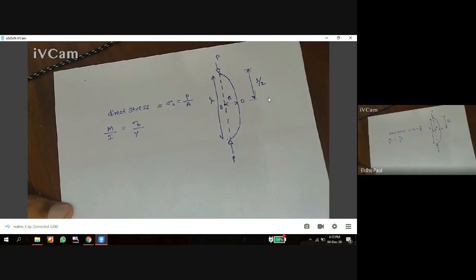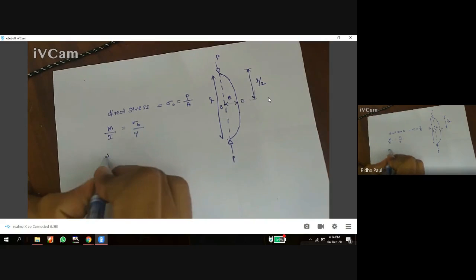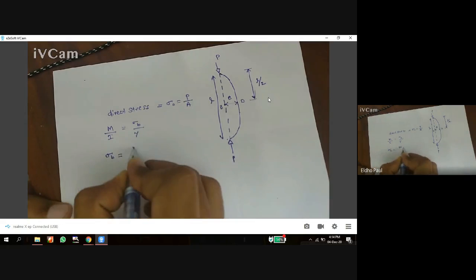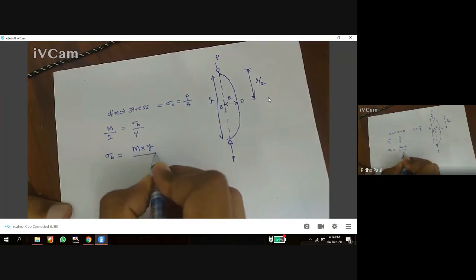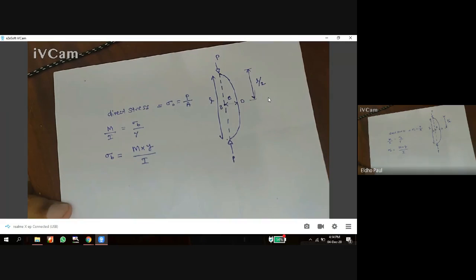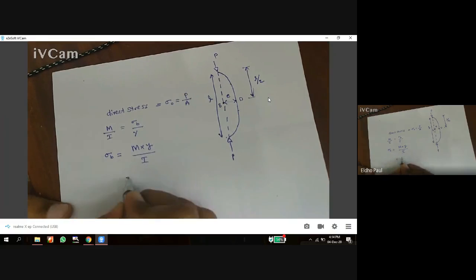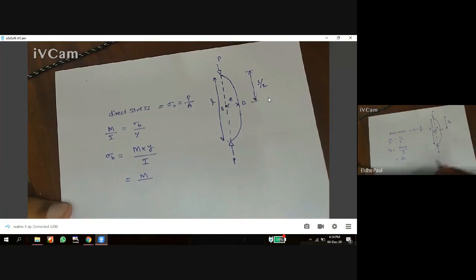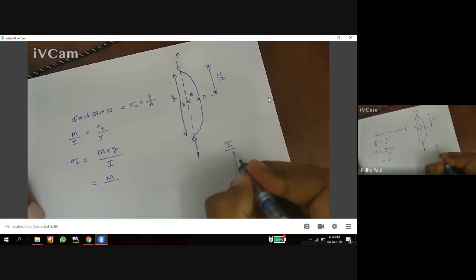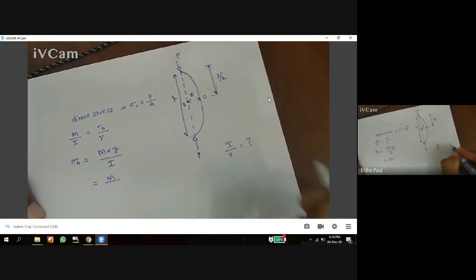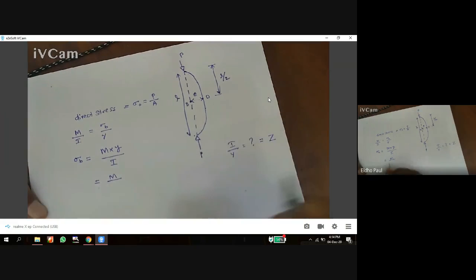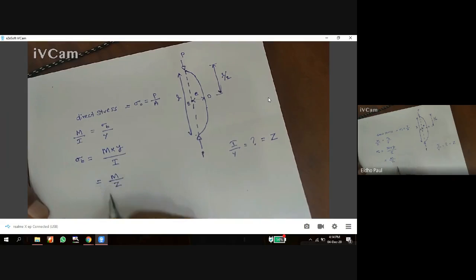Okay. So here sigma b, the bending stress, is equal to M into y by I, that is equal to M by, what is I by y? Section modulus, that is Z. So we can write M by Z. Here, what is the value of M?